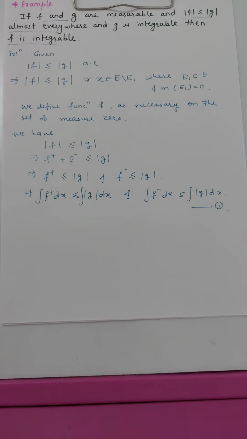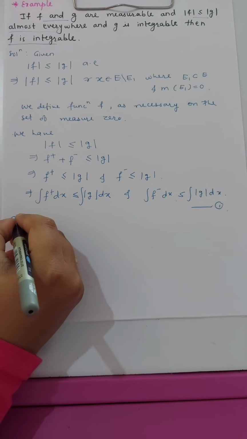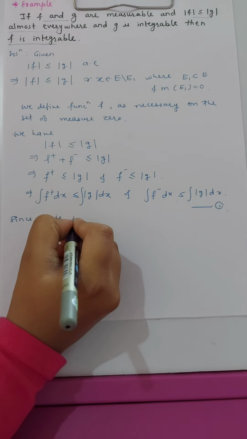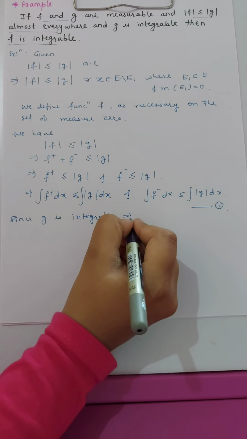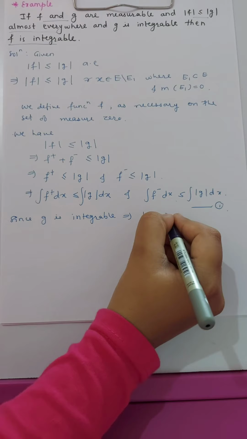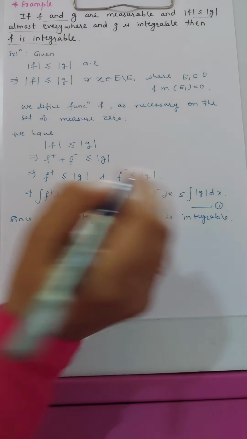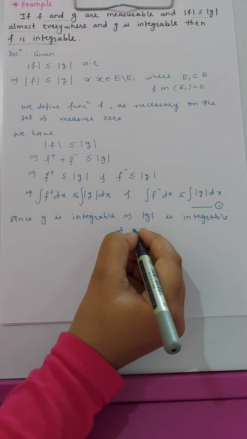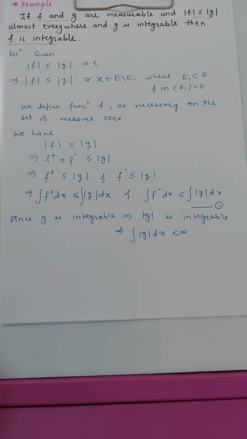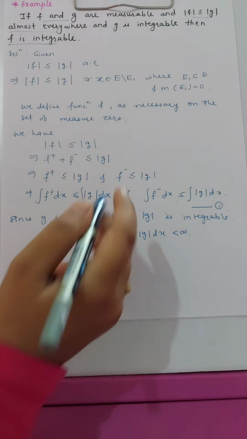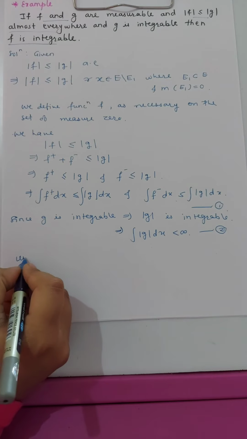Now it is given that g is integrable. So since g is integrable, this implies that mod g is also integrable. Now since mod g is integrable, by definition integration of mod of g dx is less than infinity. Let it be number 2.